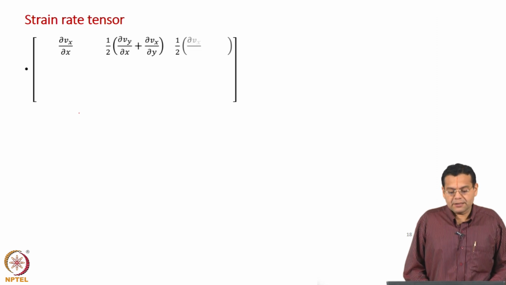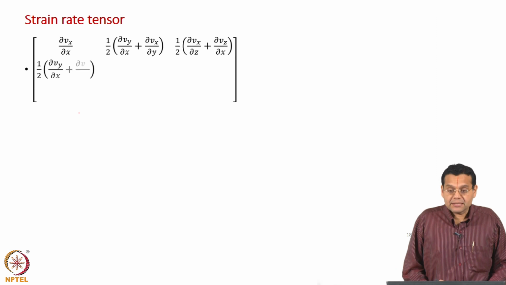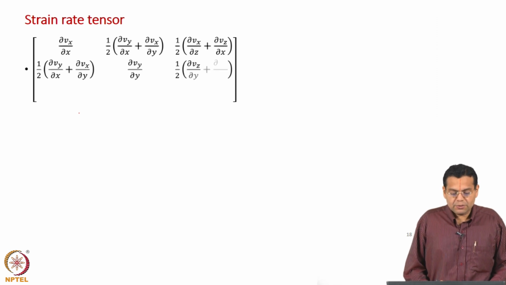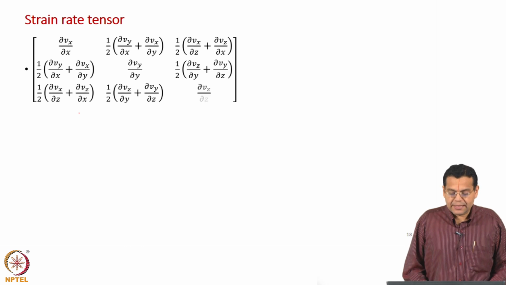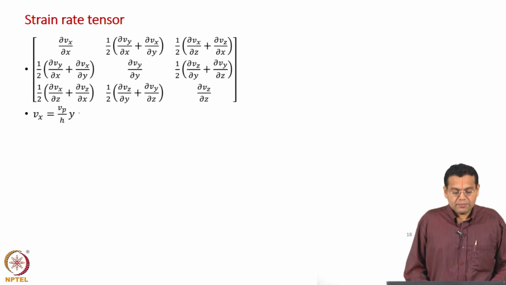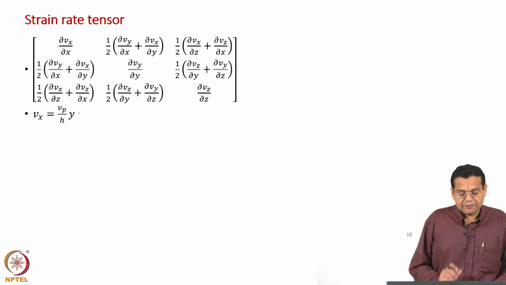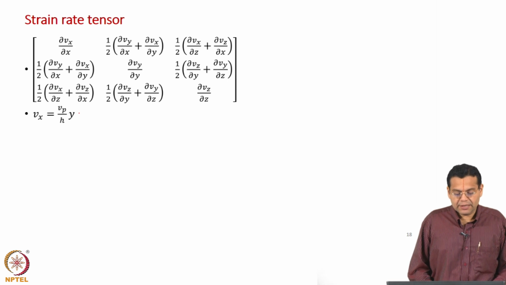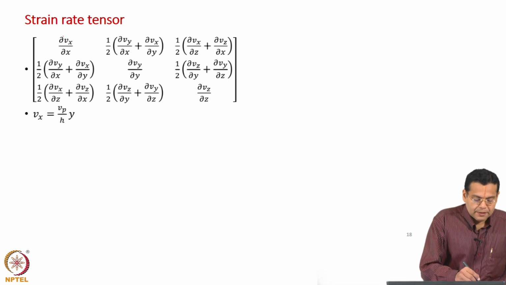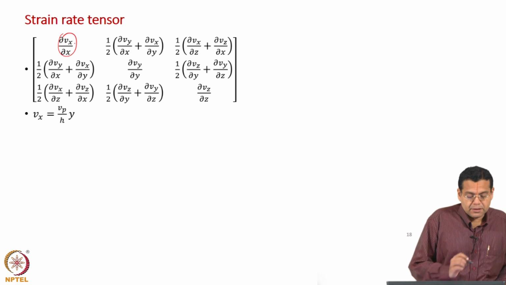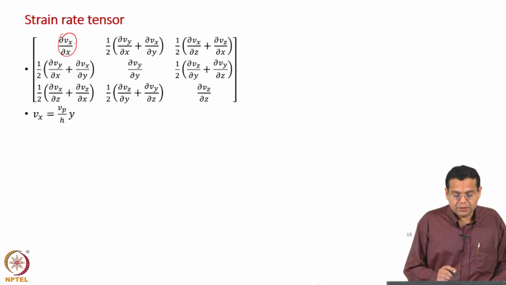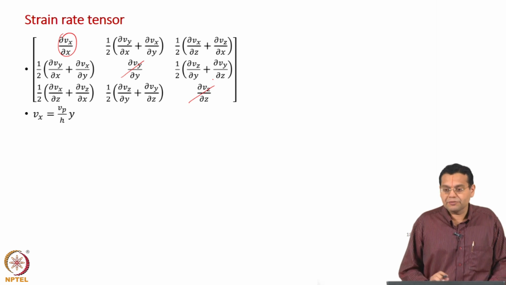These are the components of the strain rate tensor. Once again, we can evaluate them using the velocity field which we have derived. V x is a function of y, so dou V x by dou x will be 0. In fact, all the diagonal components are 0, since V y is 0 and V z is 0.